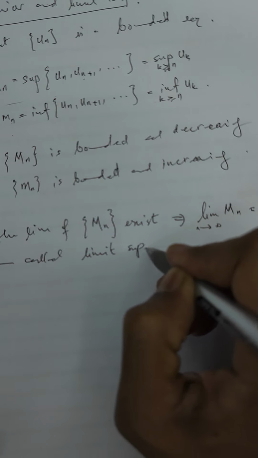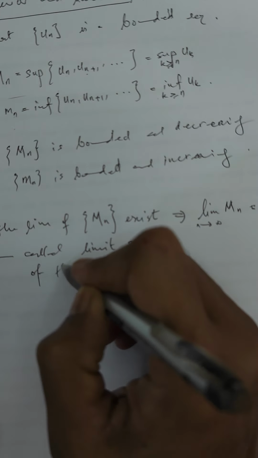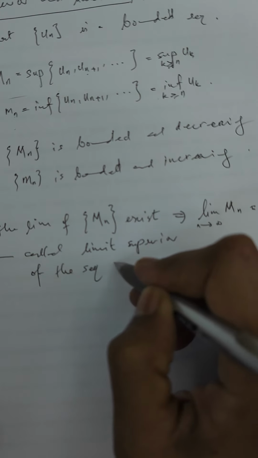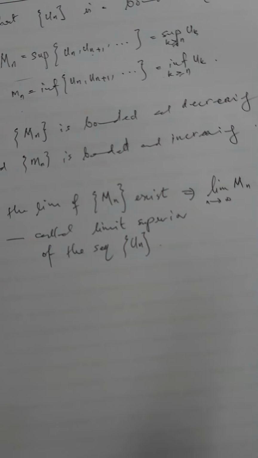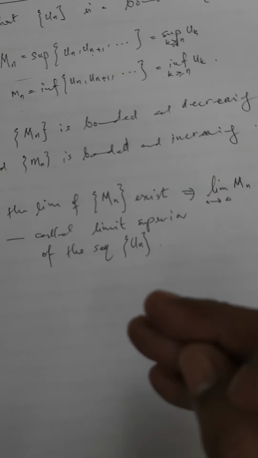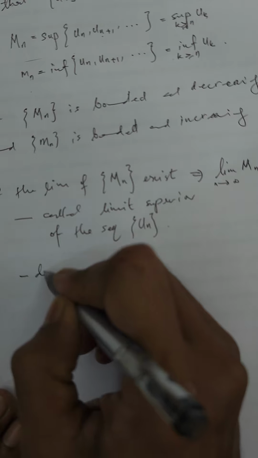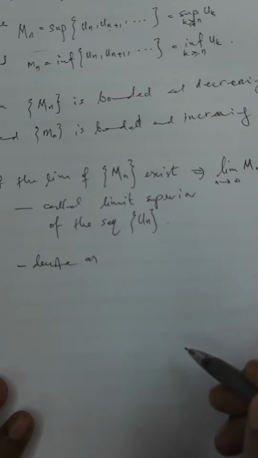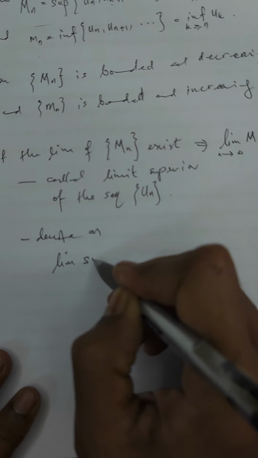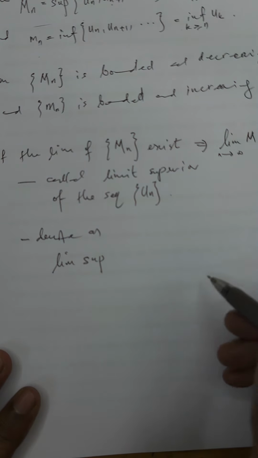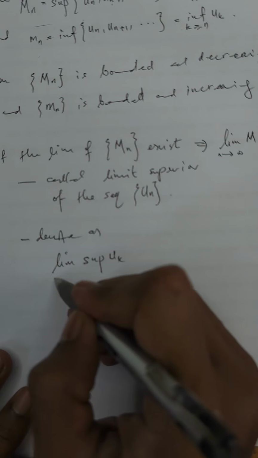The limit superior of the sequence Un, because we obtained it from the sequence Un, we denote as lim sup of Uk, of course taking the limit as k goes to infinity.